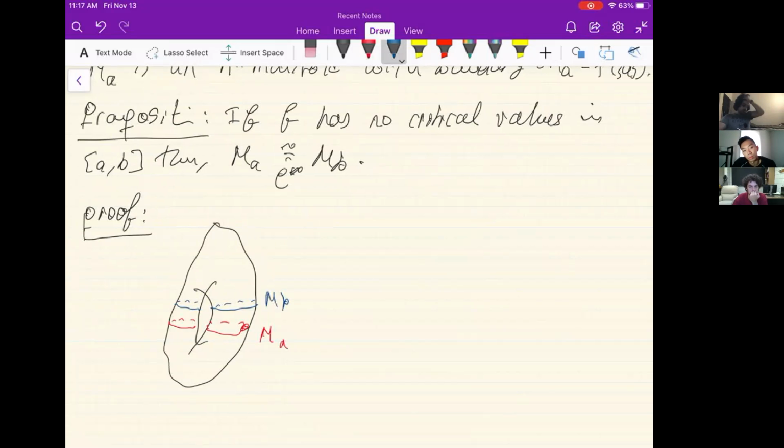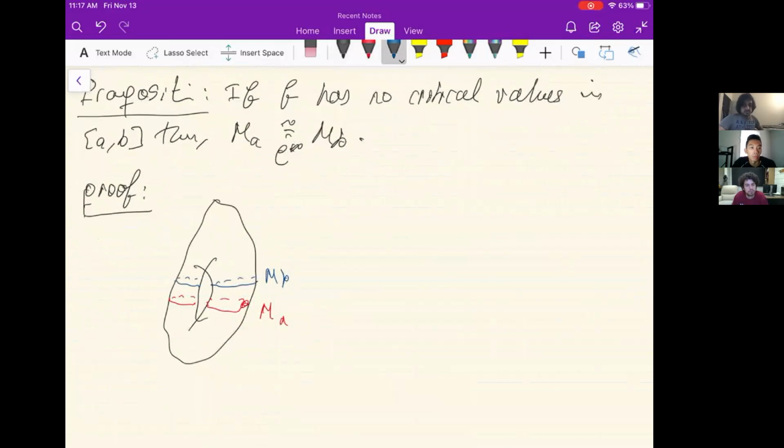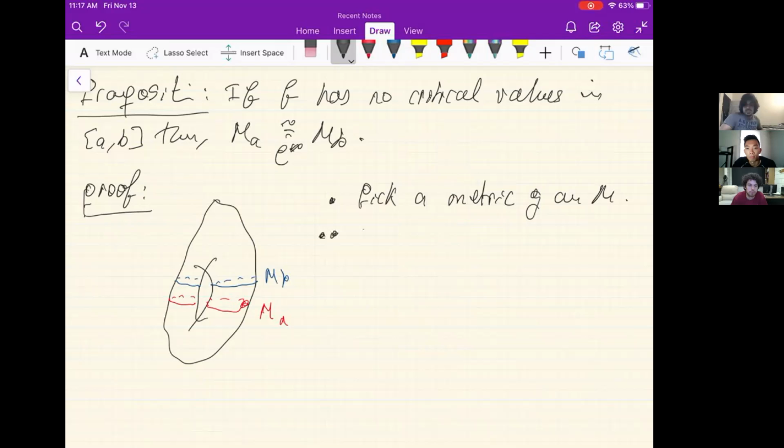I'm considering two sublevel sets, M_A and M_B, where there are no critical points between them. The first thing to do is pick a metric g on M, and then consider the gradient of f.